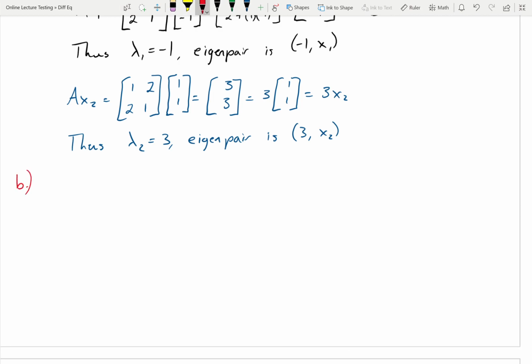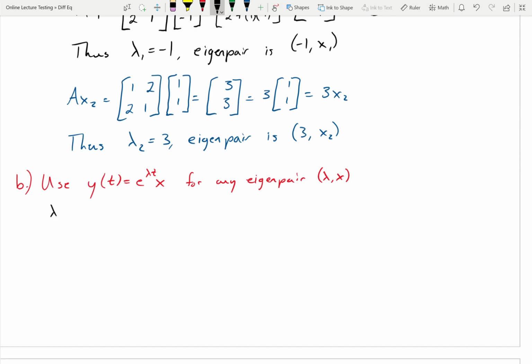All right, I want to determine what y1 and y2 are. So I want to use the fact that we are looking for solutions of the form e to the lambda t x for any eigenpair, lambda x. All right.